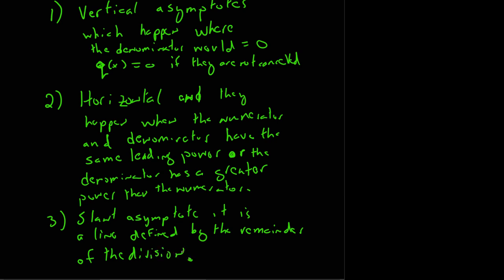Because remember, a fraction is a division. And if these things have a remainder that makes a line, these things are eventually going to approach that line. You can't see the blackboard again? Okay, it's back again. Whew, okay.